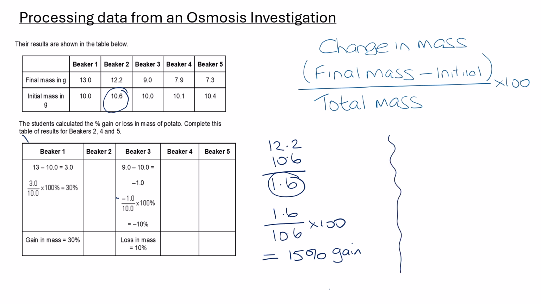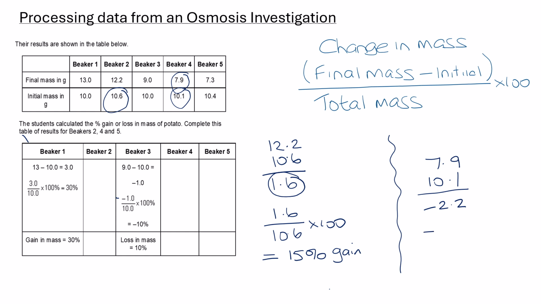In Beaker 4, on the other hand, again, we'd use the data at the top of the table, the final mass and the initial mass. So it would be 7.9 minus 10.1. That gives us a value of minus 2.2. So that's the change in mass. We put that then into our percentage mass formula.